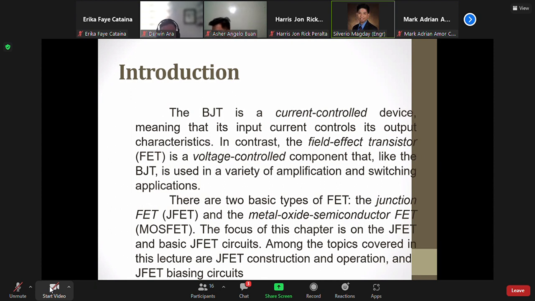A FET, or field effect transistor, is a voltage controlled component. The basic types of FET are the junction FET and the metal oxide semiconductor FET, with depletion type.